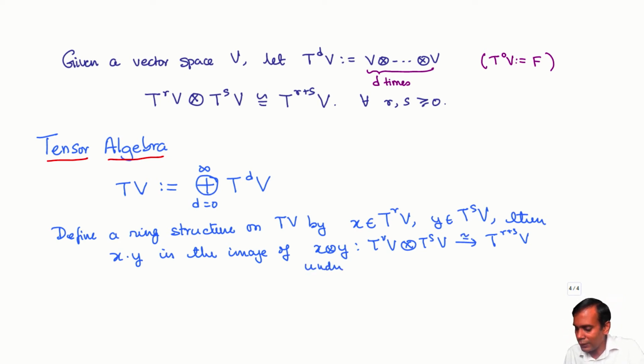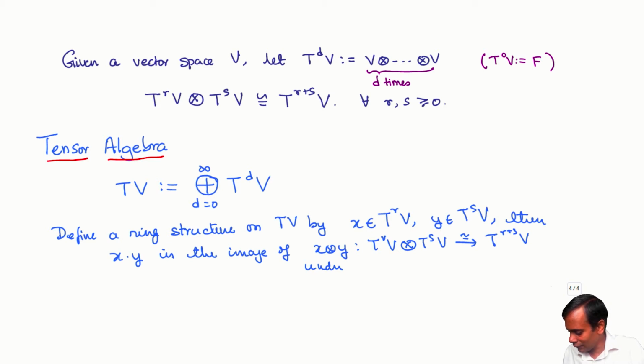And of course, this only defines multiplication for elements which are in these summands, those are called homogeneous elements, but you can define it for any element just by requiring this multiplication to be a bilinear map. We'll look at it very concretely using some examples. But firstly, what is the unit?